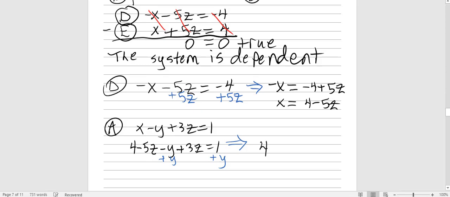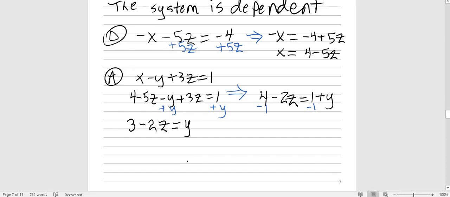So minus 5z plus 3z is minus 2z. So that equals y, 1 plus y, or y plus 1. And I'm now going to subtract 1 from both sides. So 3 minus 2z equals y.